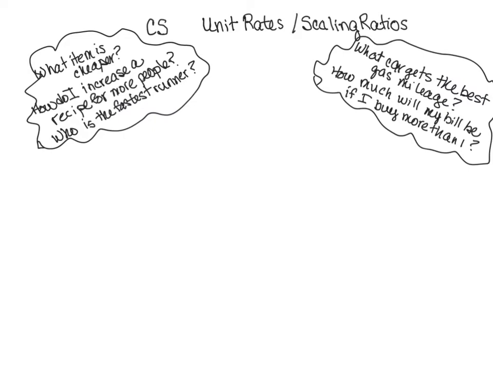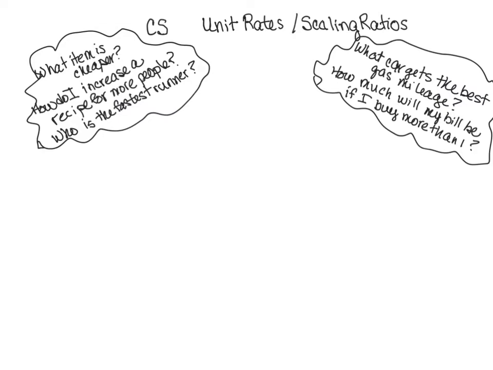The unit price really gives you the amount of money you're paying per ounce or a pound or whatever, however that's measured. But it gives you the ability to compare them on an equal basis.